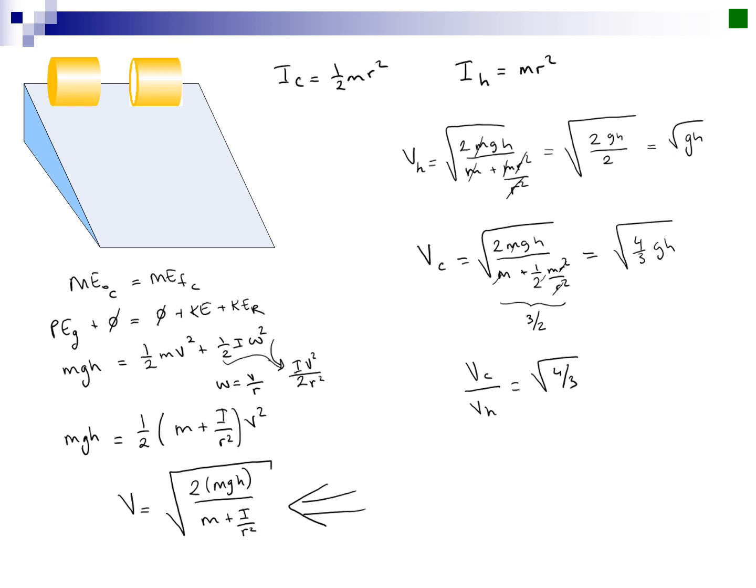At the top of the ramp we have potential energy due to gravity, but no forms of kinetic energy, so that will just be 0. And at the bottom of the ramp we don't have any potential energy, but we have kinetic energy for tangential motion and also for the rotation. So moving on, we have mgh equal to 1/2 mv tangential squared plus 1/2 I omega squared.